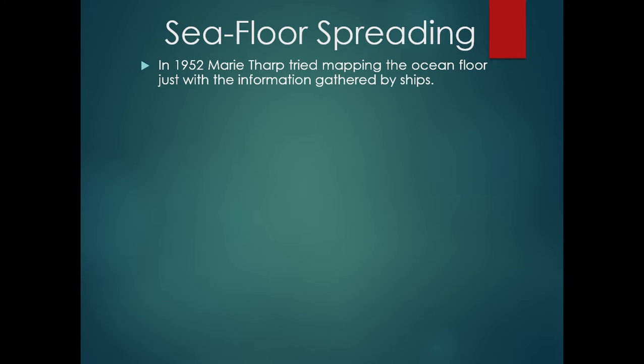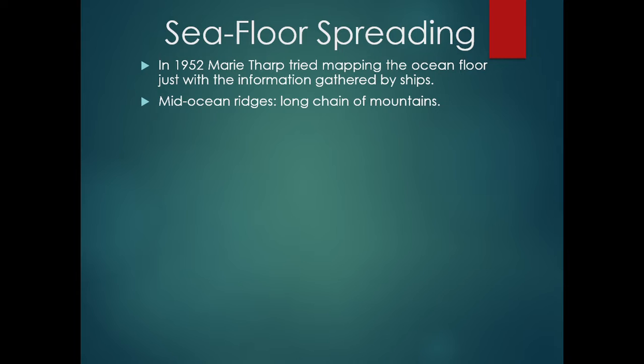Those waves of sound touch the ground and several objects found around, and then come back to the sonar. That information is what Mary Tharp was using to try to map, or draw, the ocean floor.